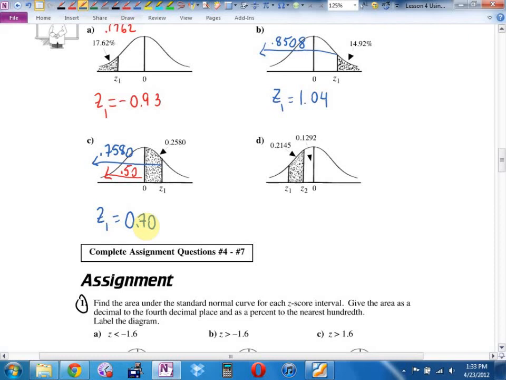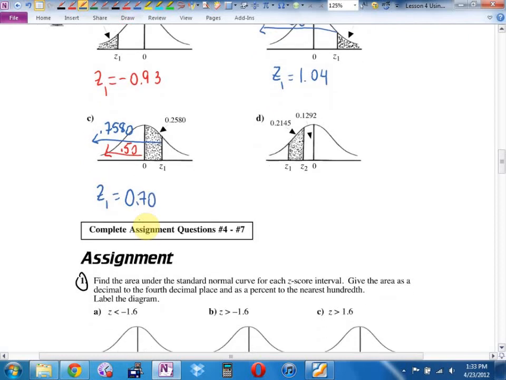All right. D. D wants me to find Z1 and Z2. To find Z1, I need that area. Can I figure out that area?